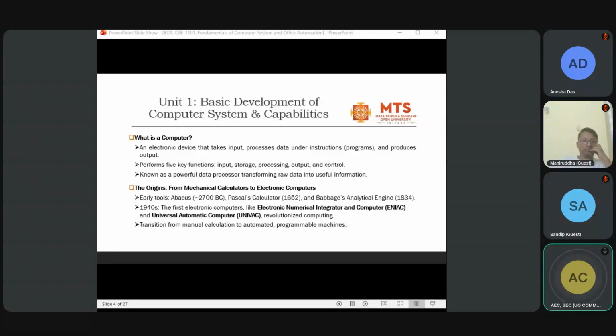In the 1940s, the first electronic computer, the Electronic Numerical Integrator and Computer, also known in short form as ENIAC, and the Universal Automatic Computer, UNIVAC, revolutionized computing. The transition from manual calculator to automated programmable machine is the basic development, the evolution of calculator to electronic computer.